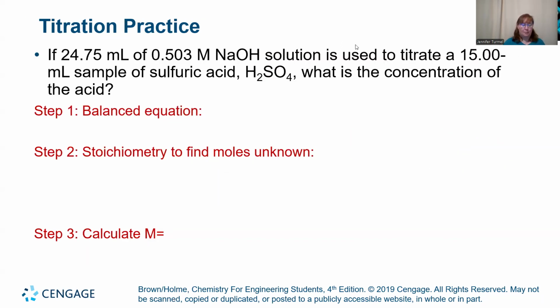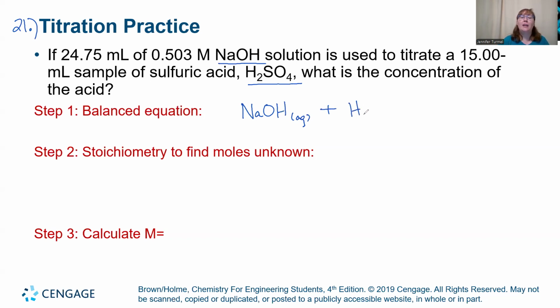So let's go ahead and practice this. Here we are on slide 21, and we'll take a look at some balanced equations and titration practice. First of all, this tells me that we have sodium hydroxide and sulfuric acid. So we have to start with a balanced equation. We start out with NaOH, and it's aqueous.